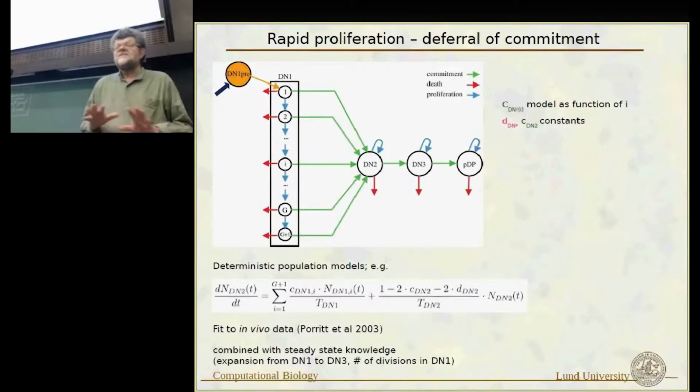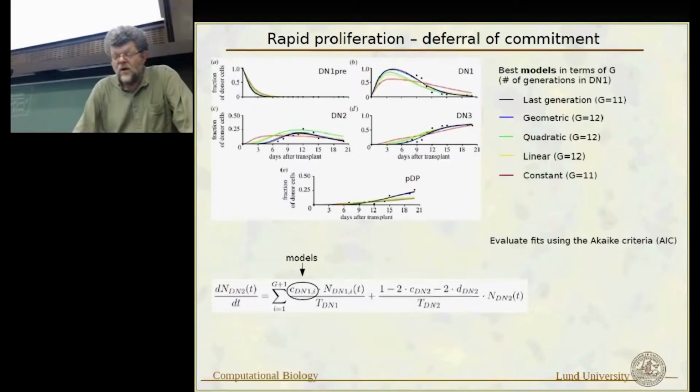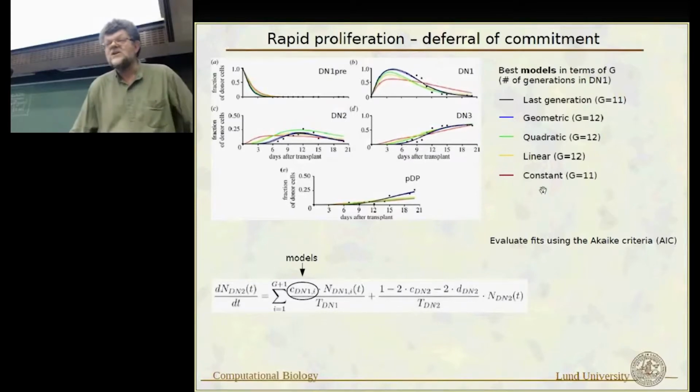Then we of course have some steady state knowledge, because this is a kinetic equation, so we're going to combine the kinetic equation with some steady state knowledge. So what kind of models could we imagine here? Well, if we start from the bottom, we can have a constant model.